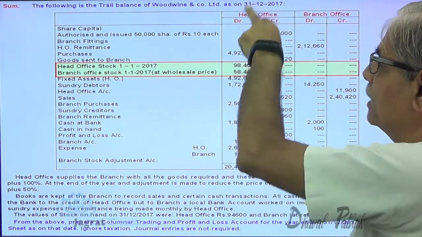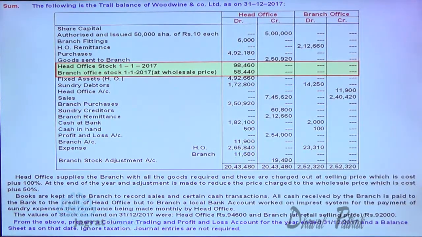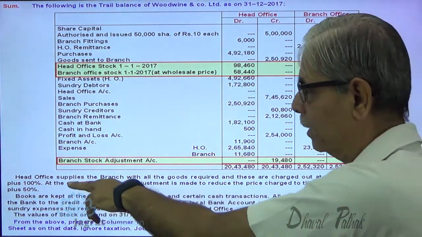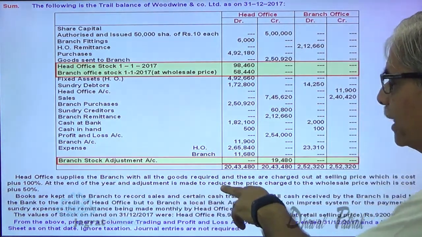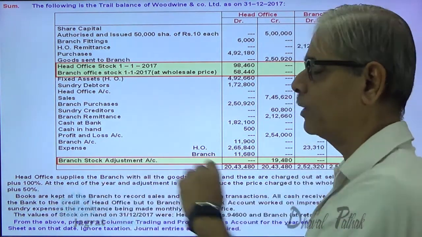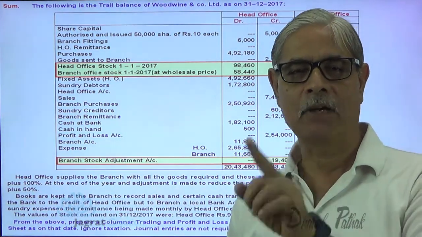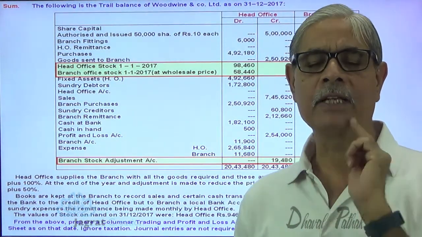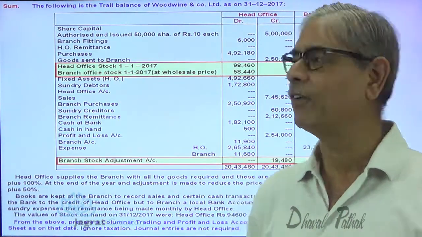Branch stock is in the books of HO. Notice it. At the end of the year, the adjustment is made to reduce the price charged to the wholesale price, which is cost plus 50%. So if cost is 100, profit is 50, and the value of stock is 150. If 150 is the value of stock, then 50 is the profit element.